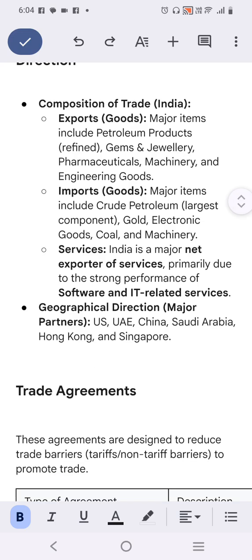Services: India is a major net exporter of services, primarily due to the strong performance of software and IT-related services. Again, the IT sector, software.